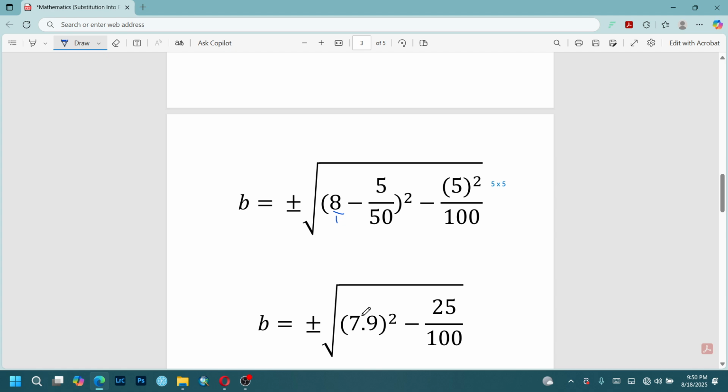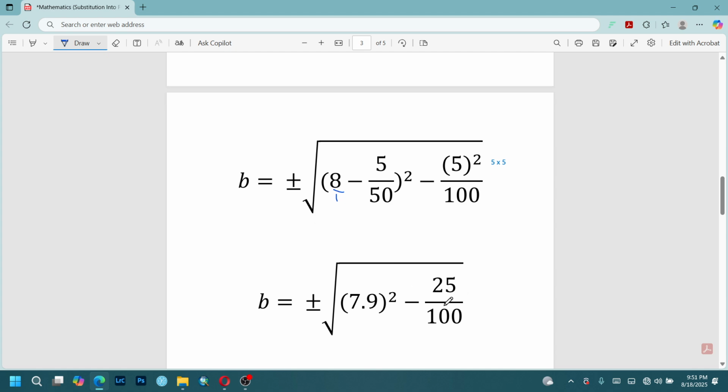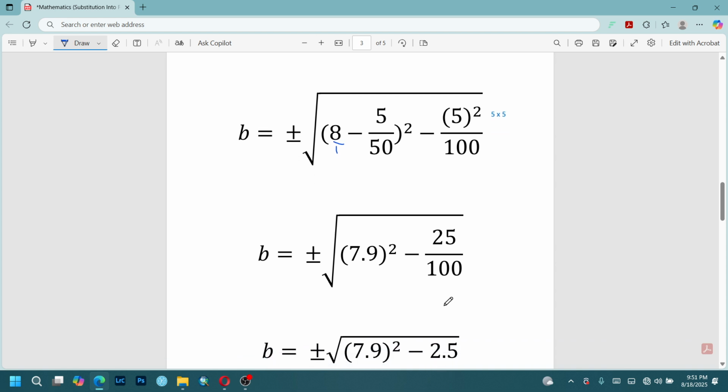So they are all in bracket squared. So we are going to have b equals plus or minus the square root of 7.9 squared minus the fraction 25 over 100. So 25 over 100 is 1 over 4, which when you simplify further will give you 2.5.